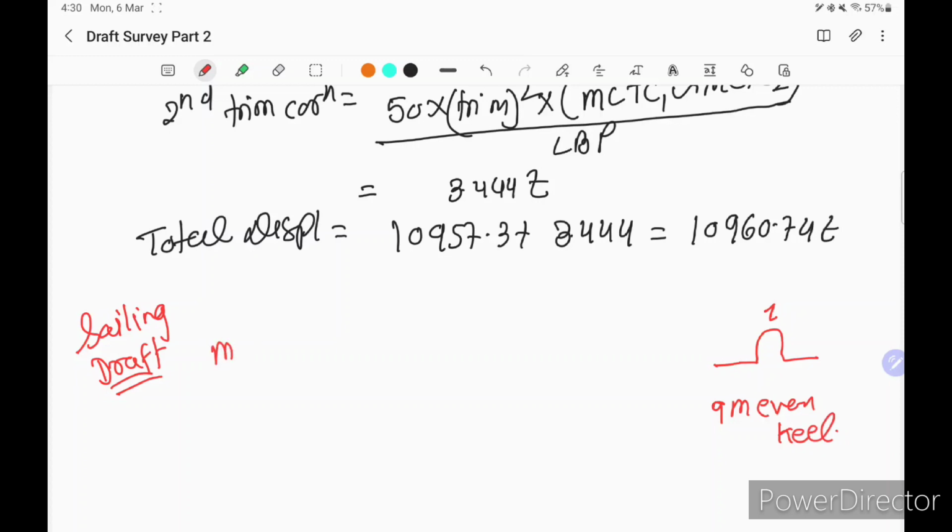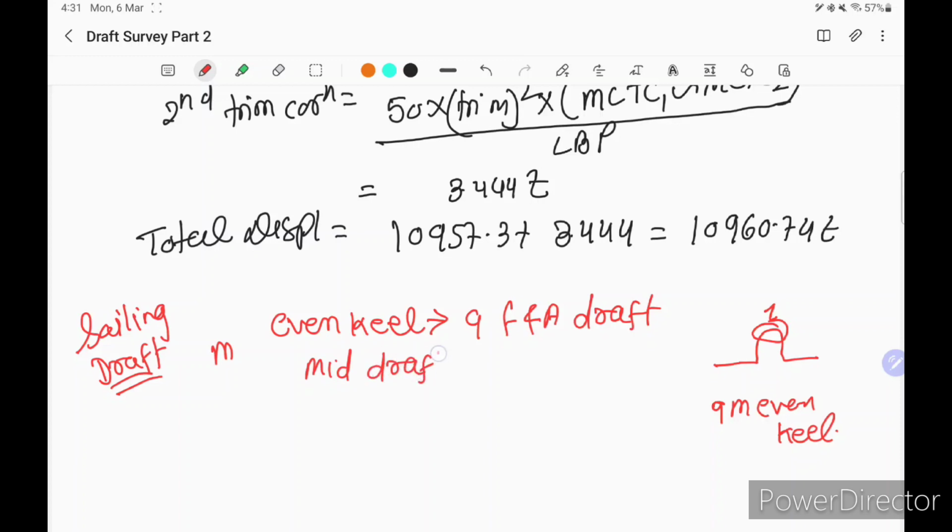So we'll calculate. Sailing is even keel, 9 meter, for forward and aft draft, and we have less cargo in the center. So how much less? 0.005. Okay, so mid draft is 8.995.